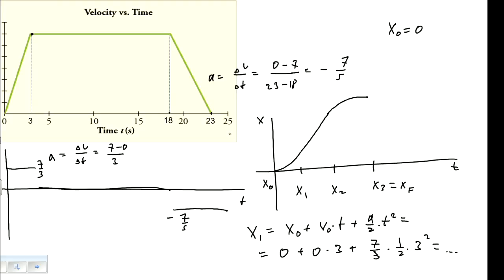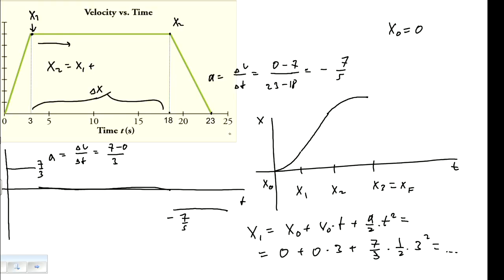Now, this number, x1, becomes the initial coordinate for the next part of the motion. Here, that's x2. To calculate x2, I have to start from x1, and I have to add the displacement from here to here, delta x. But how can I calculate it?